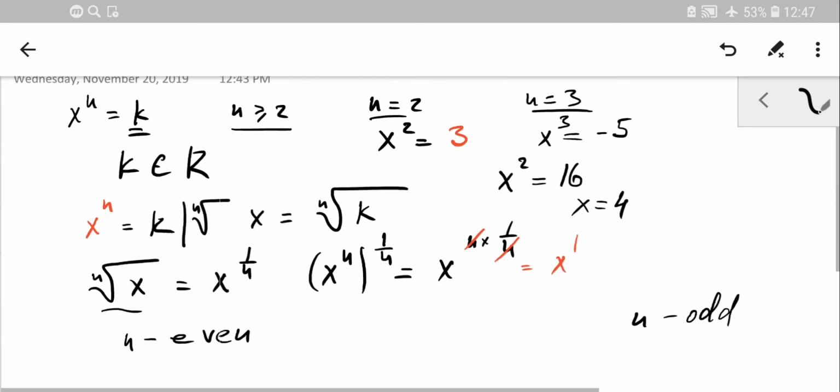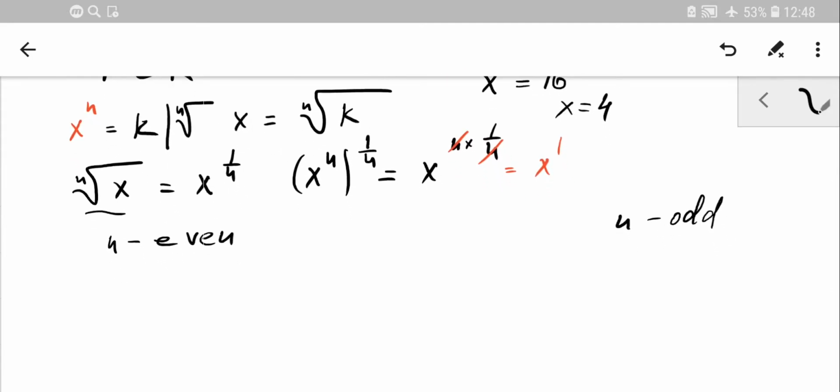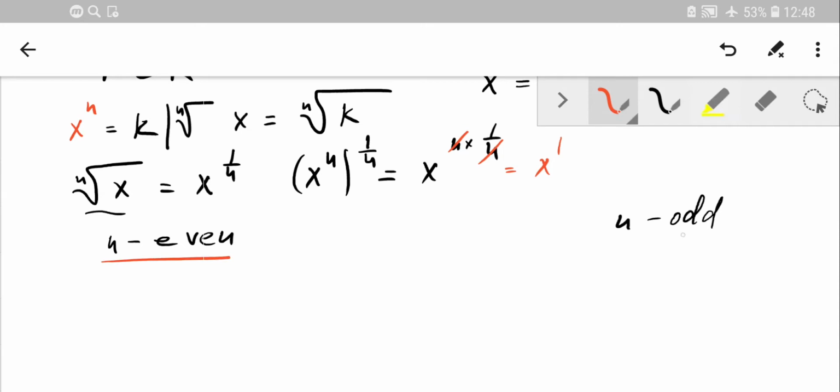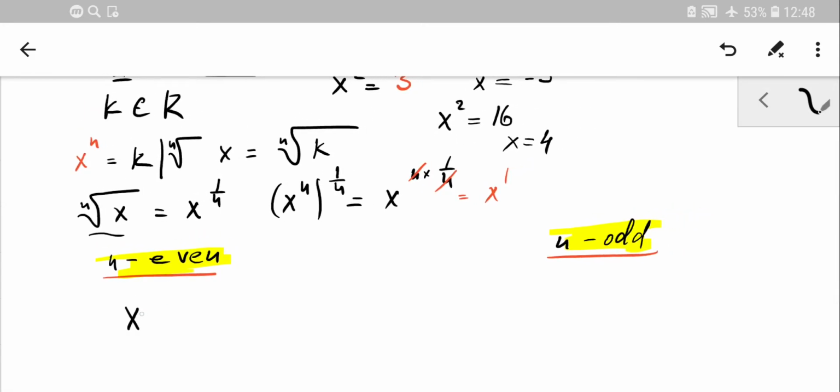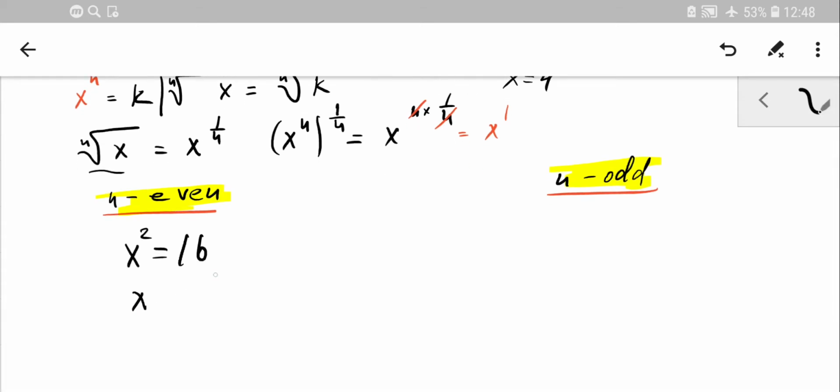Instead, we only consider n as integers. That's why two categories might be here within this equation. If n is even, like in the example x squared equals 16, obviously one of the solutions, if you apply this methodology, is x equals square root of 16, which is 4.